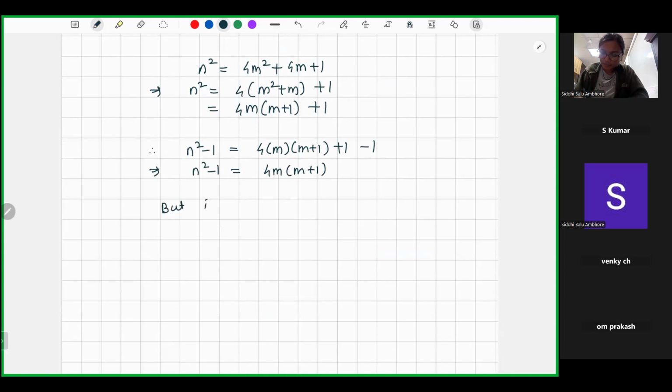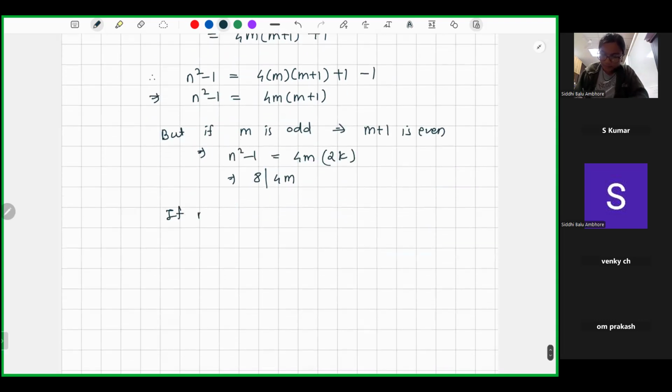So n square minus 1 is 4m into m plus 1. But if m is odd, this implies m plus 1 is even, so n square minus 1 is 4m into some 2k. So this implies 8 will divide it.